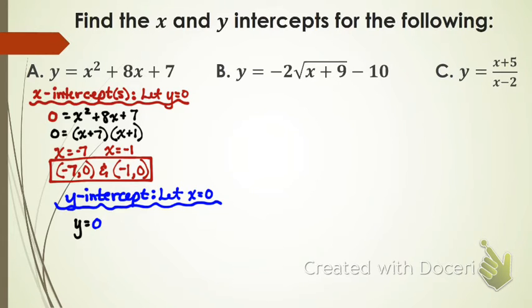So I have 0 squared plus 8 times 0 plus 7. How's that going to clean up? 7. Y equals 7. So what does my y-intercept look like then? (0, 7). (0, 7) for my y-intercept.